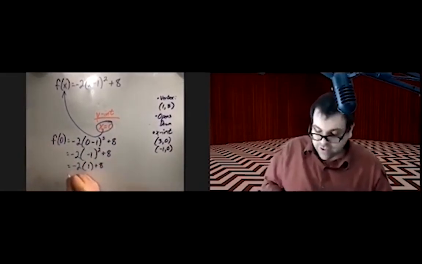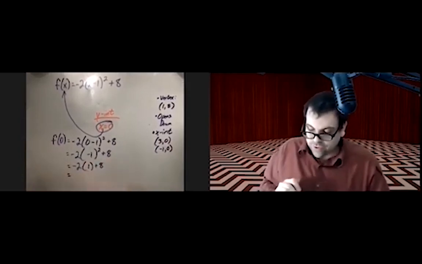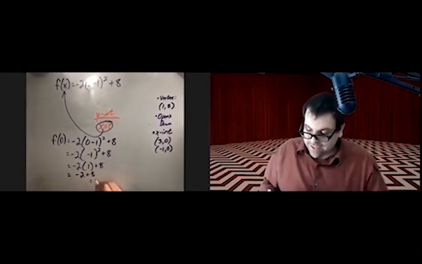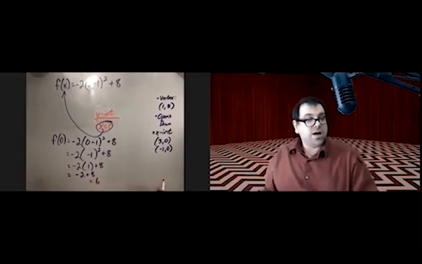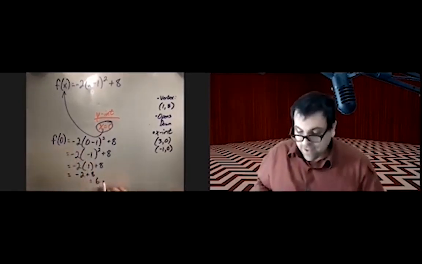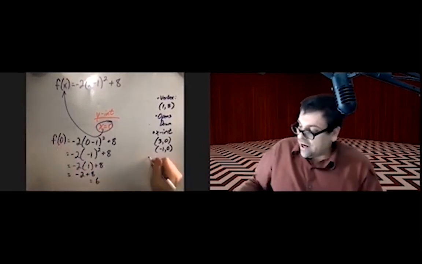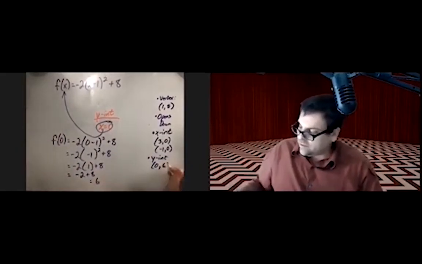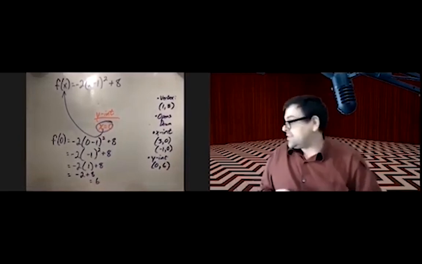Multiplication before addition, -2 times 1 is -2. And then finally, -2 plus 8 would be +6. F of 0 is +6. That means when we plug 0 in for x to get our y-intercept, we get an output of +6.